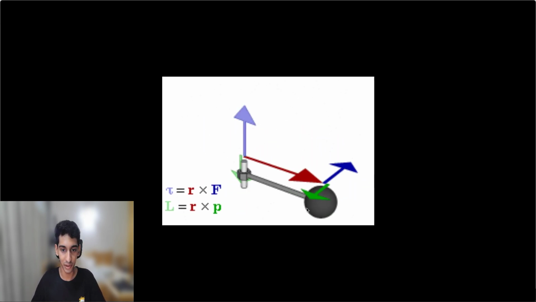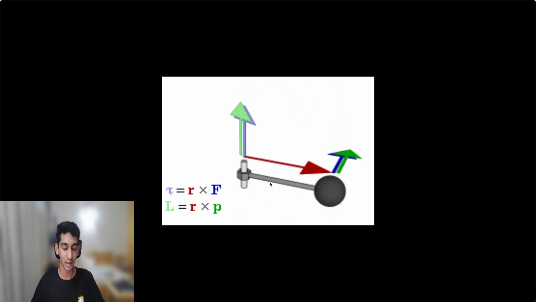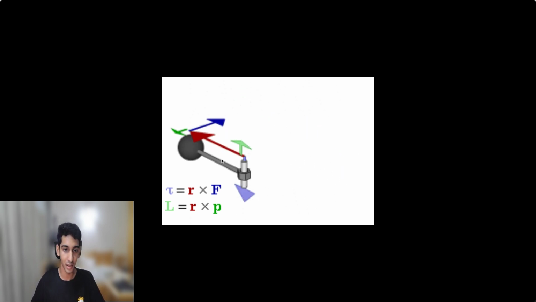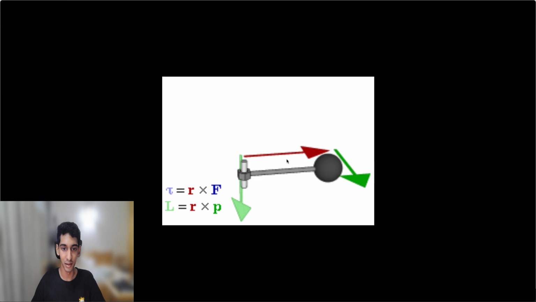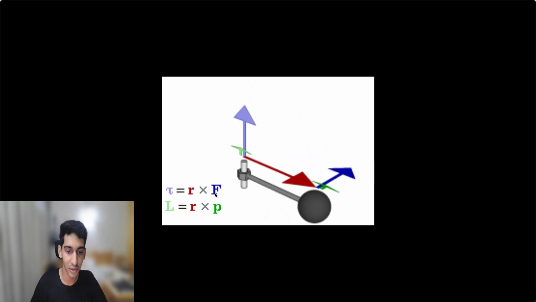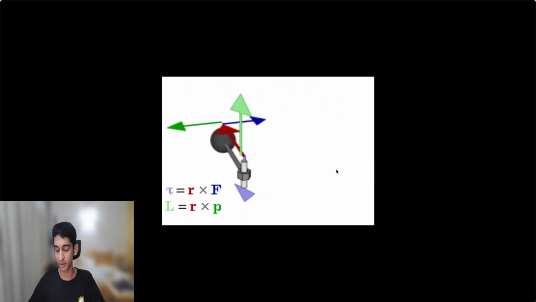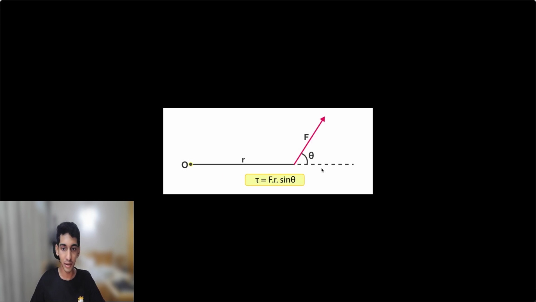Here, the moment of force tau would be r, the red vector, crossed with the dark blue force vector. The important thing to keep in mind is that we only consider the perpendicular component of the force vector.